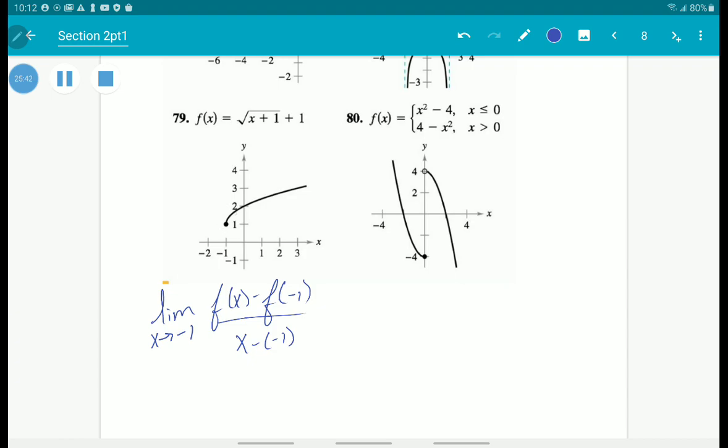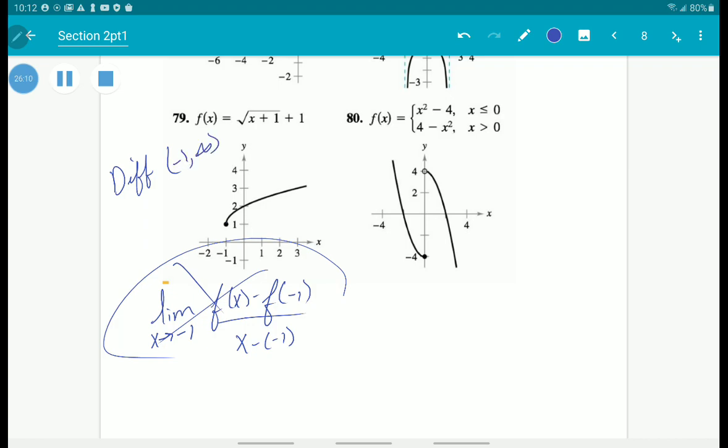For that limit at -1 to exist, the left-hand and the right-hand limits have to be the same, and we can't do one on this side of the graph. It doesn't exist. So we can't evaluate this. That's going to be a problem. So we would say that the limit doesn't exist here. So the function is differentiable on the open interval from -1 to infinity.